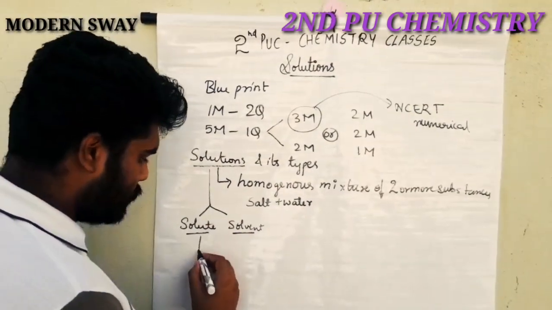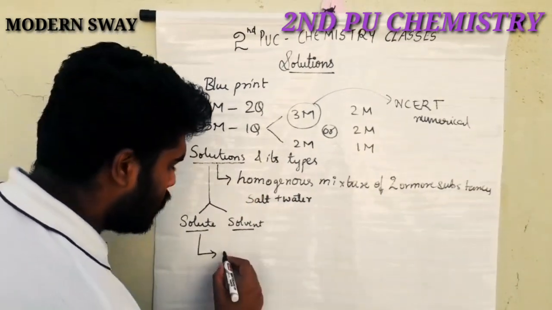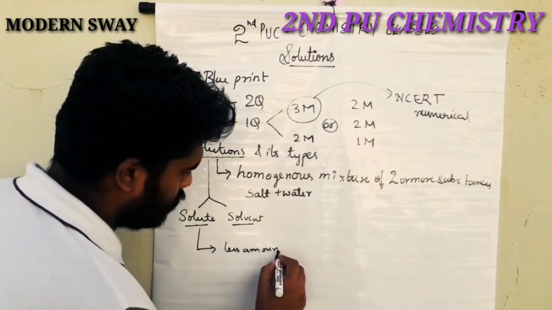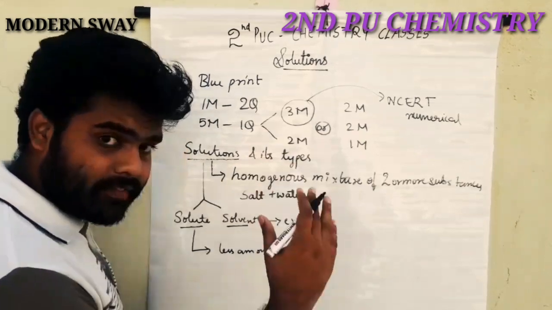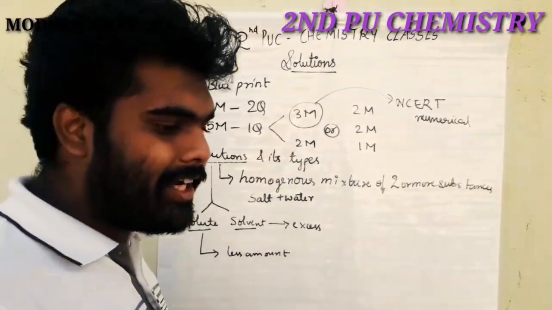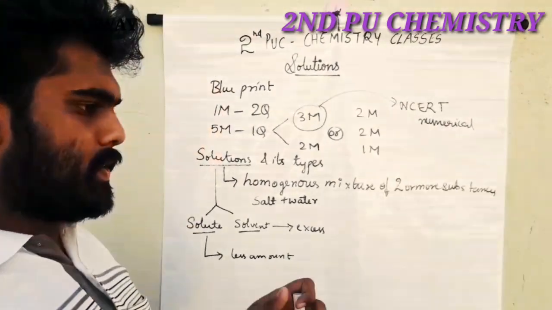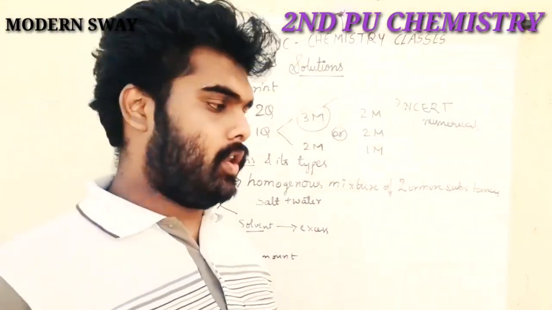What is a solute? It is the component of a solution which is present in lesser amount. Then what is a solvent? It is the component of a solution which is present in excess amount. If I take 1 liter of water and add a pinch of salt to it, salt is the solute and water is the solvent.